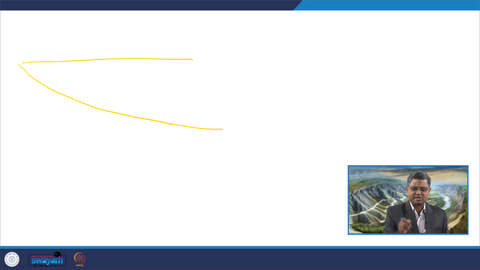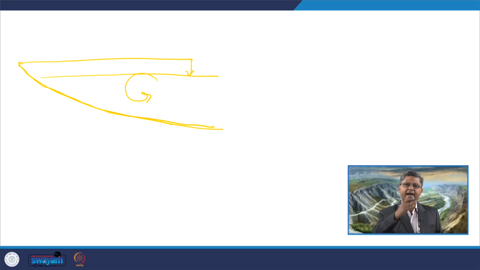Say for example, if I take the first example, so the surface is like this, the substrate is like this, this is the base level, and this base level is falling to this one, and as a result this is the new base level now. So, with respect to this base level, we have a wave equilibrium, wave reworking, and for the first one, the wave equilibrium was the same one, this surface.